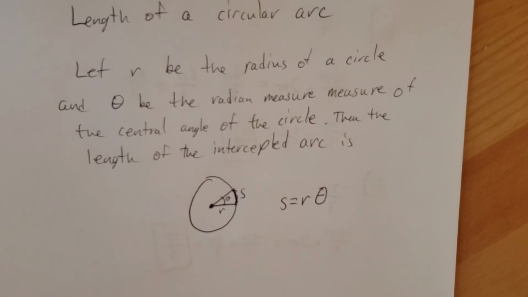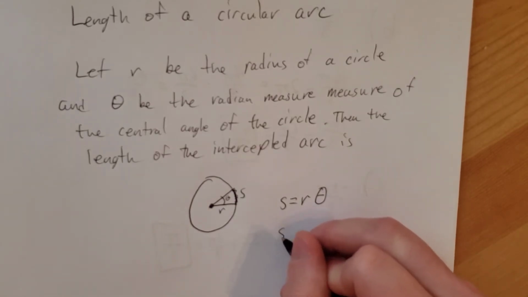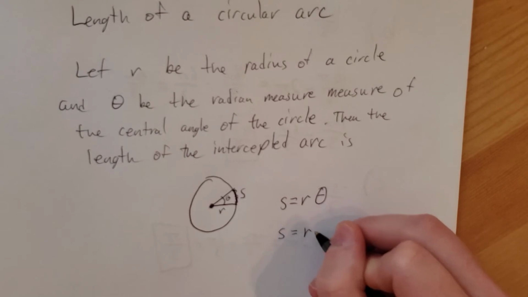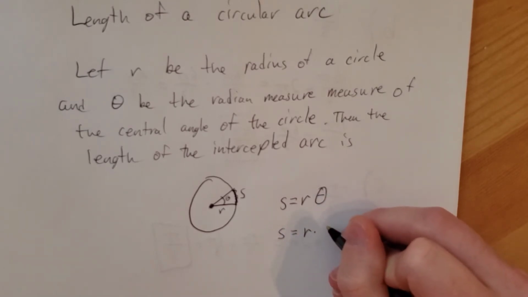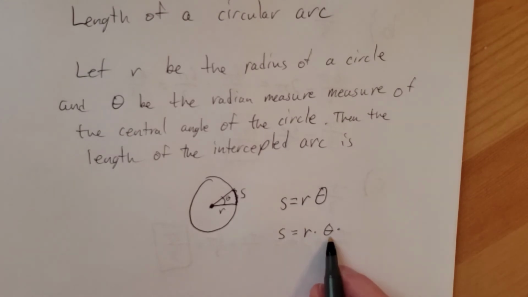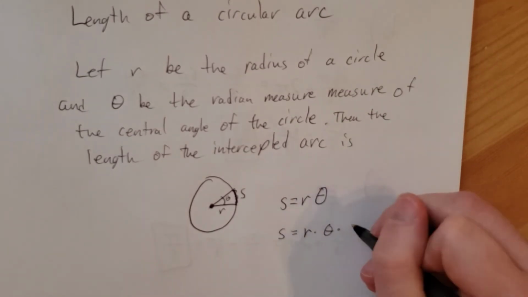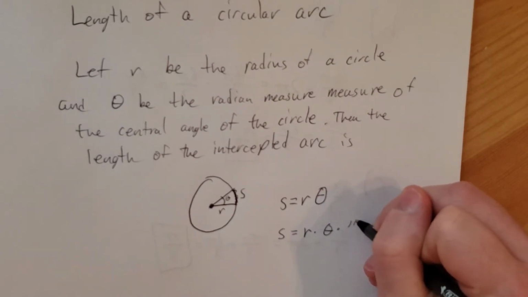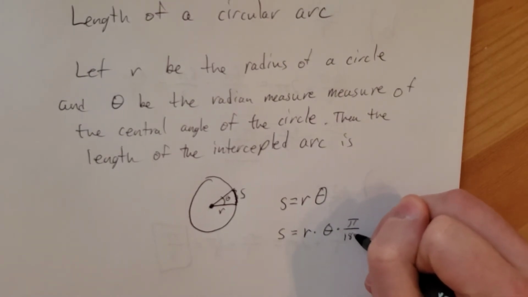So if it's in degrees, then S is equal to R times theta times, well, we need to convert this to radians. How do we convert that to radians? Well, we multiply by pi and we divide by 180.